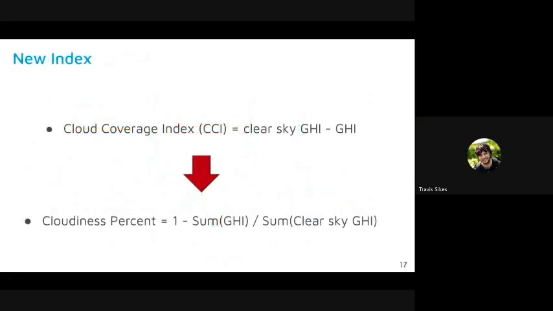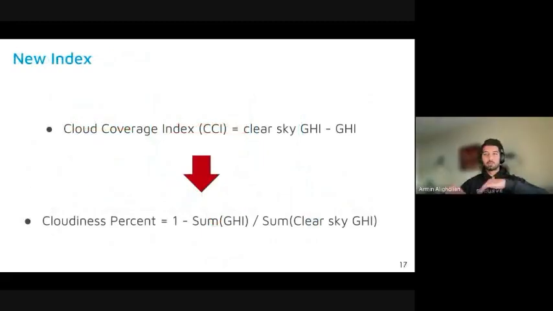So that was all supplemental data, elastic net, LSTM, and everything. Right now, based on one suggestion from Adam, we slightly changed the cloudiness percentage index to make it between 0 and 1, to have an easier way to explain it.